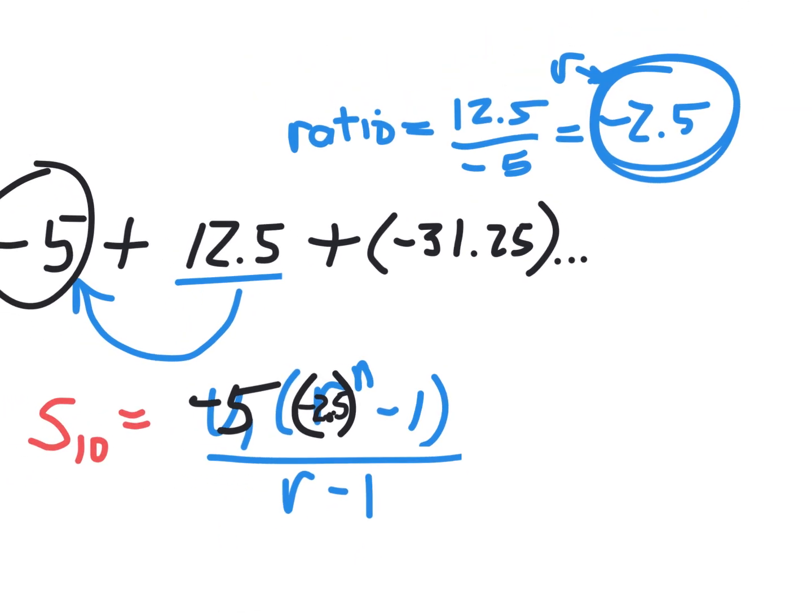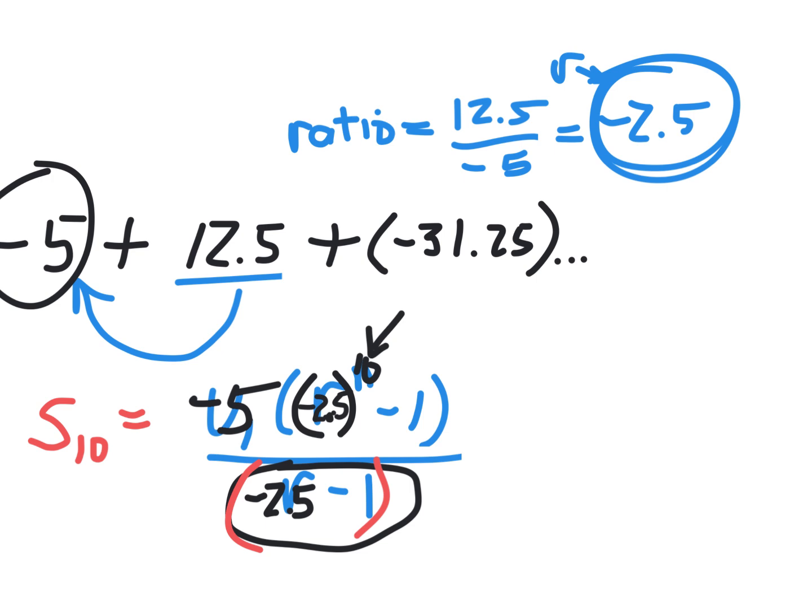And then r. Oh yeah, it's negative 2.5 again. You can do that in your head if you're decent at math. That's negative 3.5. Then you don't have to even put parentheses around it. But if you want to be extra safe, it would have to have parentheses if you're going to type it all in on one line on the calculator. And last but not least, n is 10.